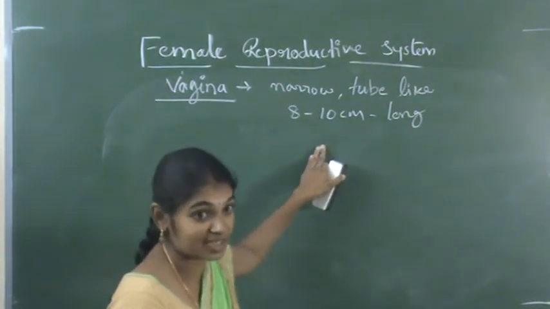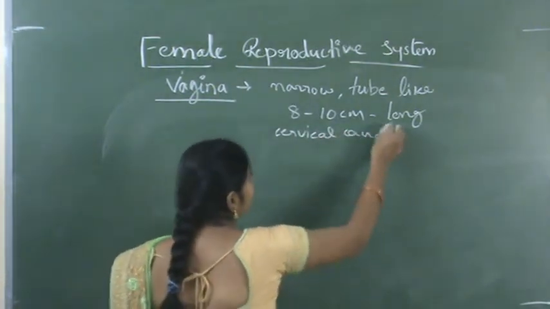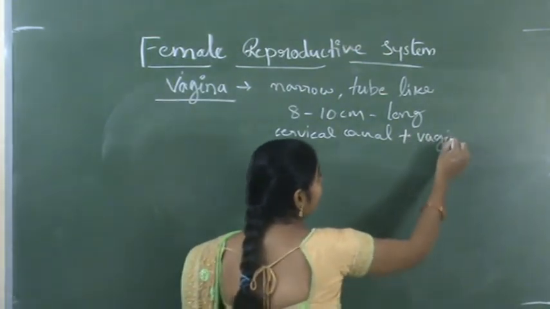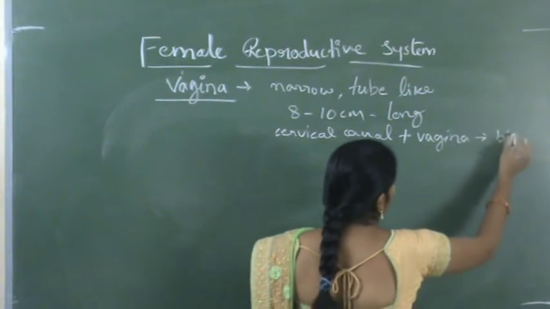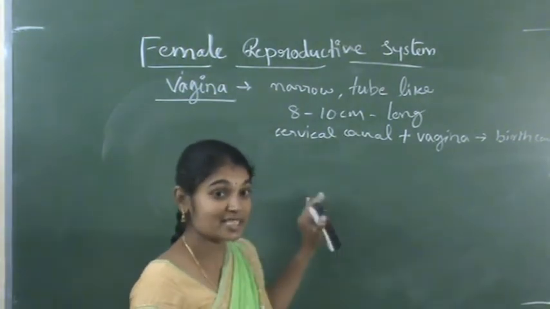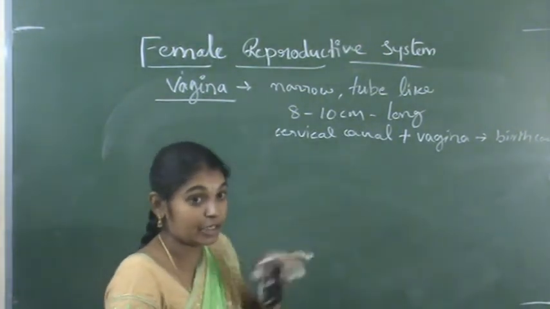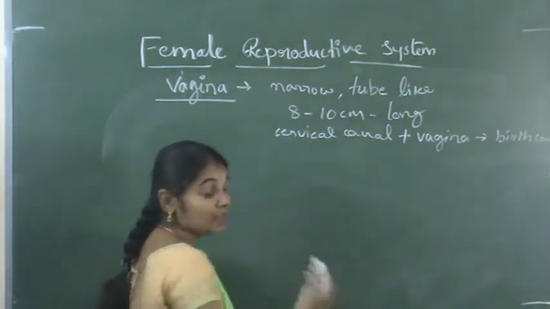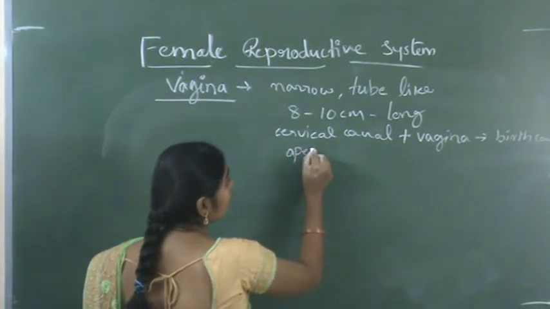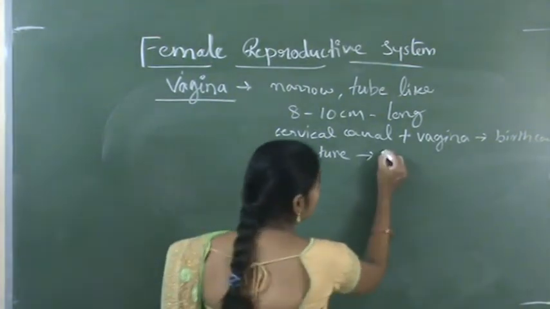Along with the cervix, or cervical canal, it forms the birth canal. And it opens out through the external genitalia through an aperture or opening which is known as the vaginal orifice.